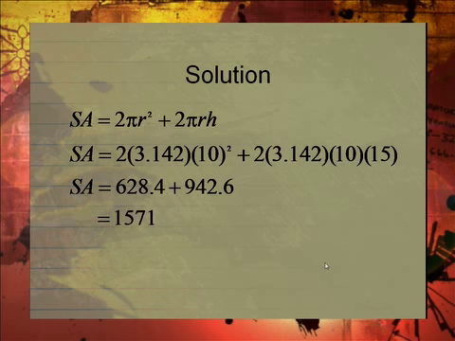What do you have, guys? Then you have 1571, where you can put your centimeter there. But remember, this is the surface area. Centimeter times another centimeter, so this must be centimeter squared when you put the unit. Sometimes there is a mark for the unit, so you have to follow that.